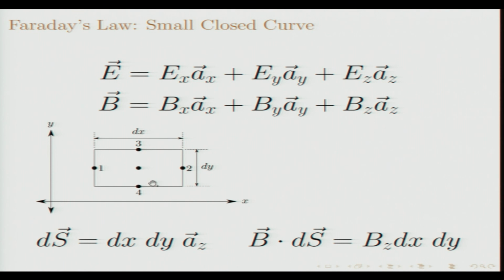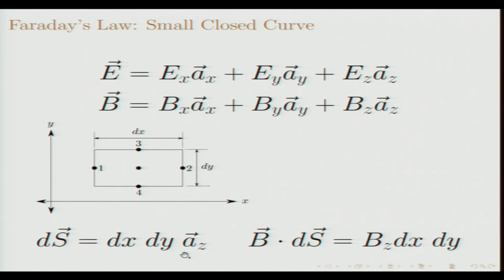This rectangular surface in the plane of x and y has area, the magnitude of this area, dx into dy as given below, and since we will be using a counterclockwise, anti-clockwise direction for this curve, the vector ds will be in fact dx into dy into az, which is coming out of the page.